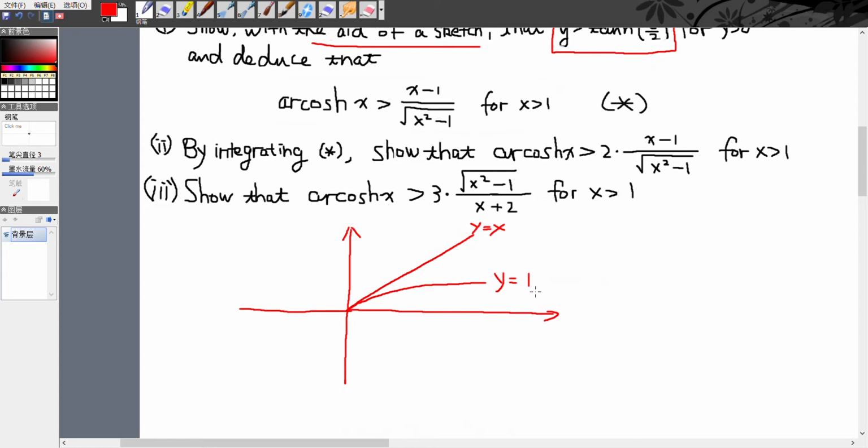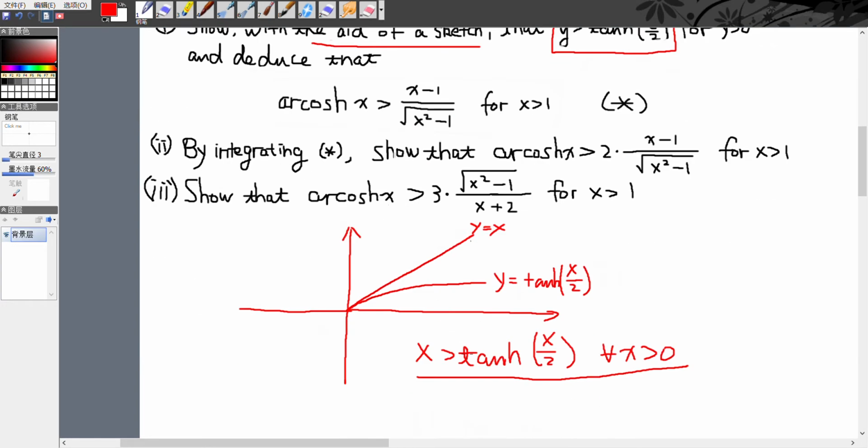This is y equals tanh x over 2. And you can immediately get your result that x is bigger than tanh x over 2 for x bigger than 0, because the graph of y equals x is always above the graph of tanh x over 2.